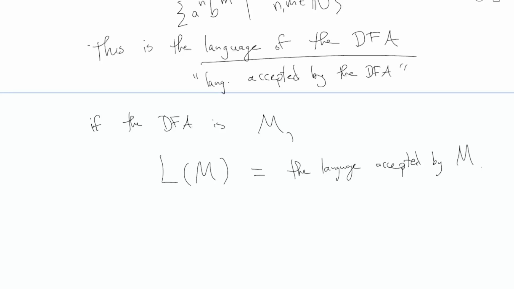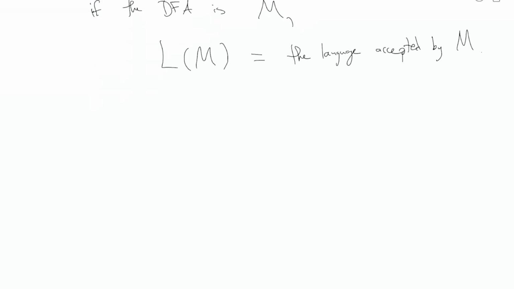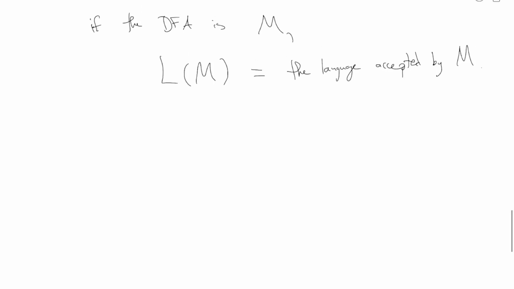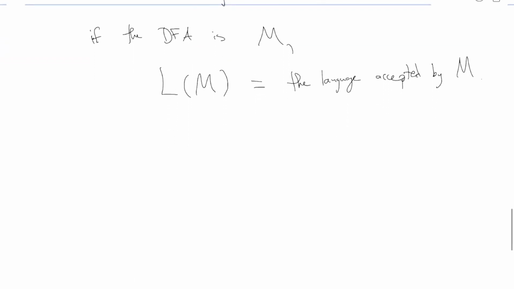An equivalent way of asking this question, what are the capabilities of a DFA, is to ask what kinds of languages can be the language of a DFA? It's the same question as what a DFA is capable of computing.